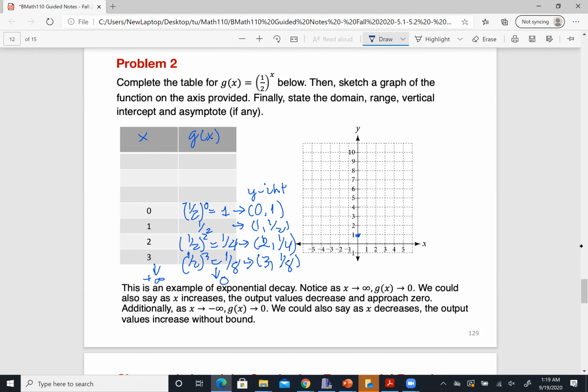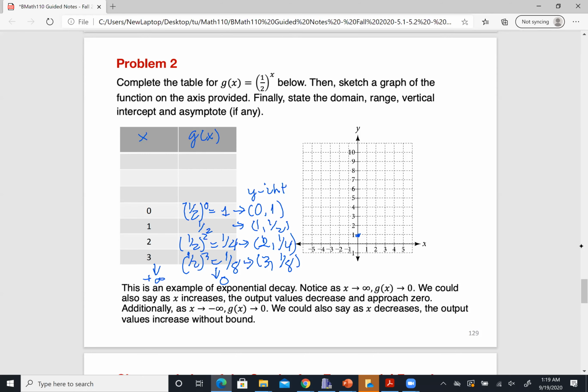If this one becomes higher and higher, you're going to get f(x) going to 0.